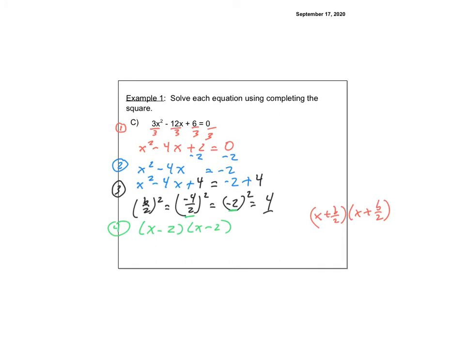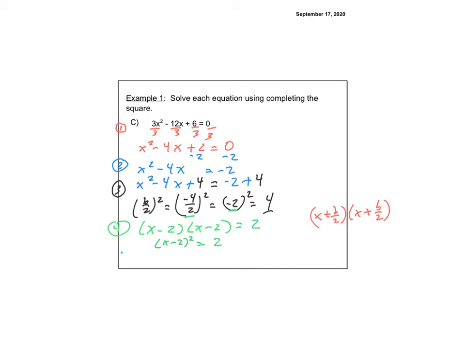That's how you want to write it out. So our b divided by 2 there was negative 4 divided by 2, which is negative 2, so it's x minus 2 and x minus 2. So what does it equal over there on the right hand side? It is going to equal negative 2 plus 4, which is 2. So now let's combine it as one term there. We've got x minus 2 squared equals 2.